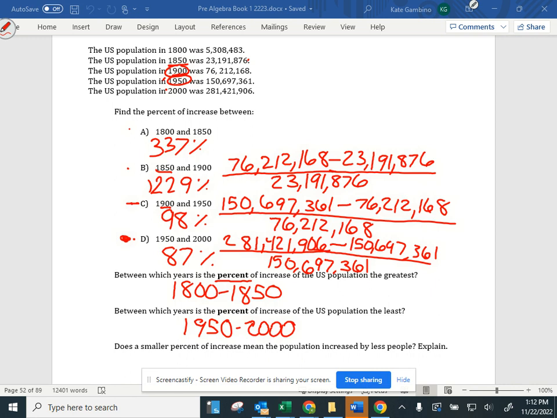When we look at this, 5 million to 23 million is not as big of an increase as 150 million to 281 million. There's less people, but we started with such a smaller number that the percent of increase was so much bigger here. So it really depends on what your original number is.